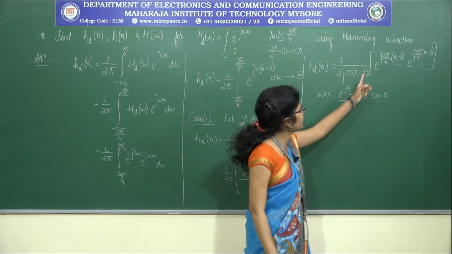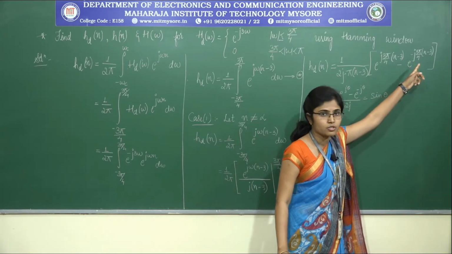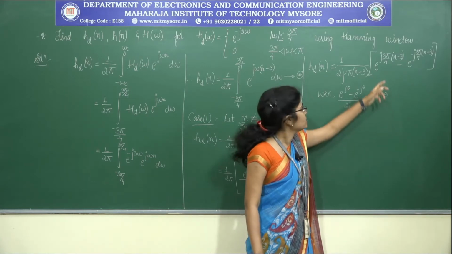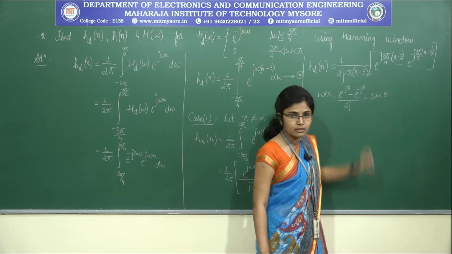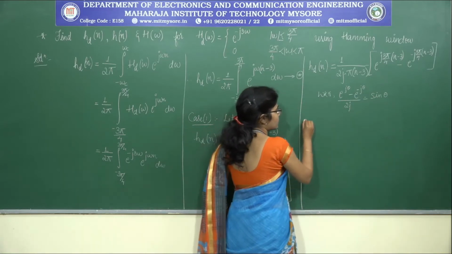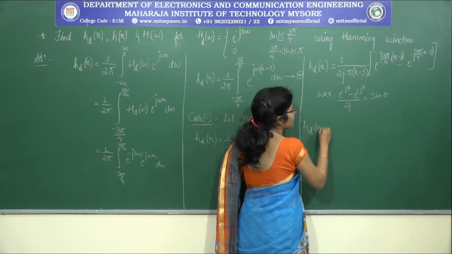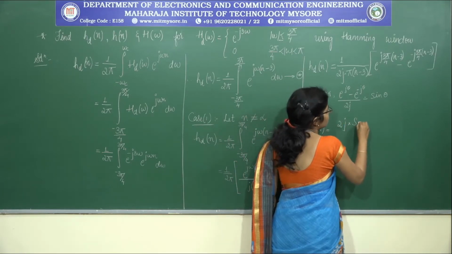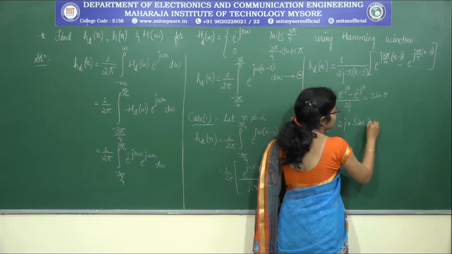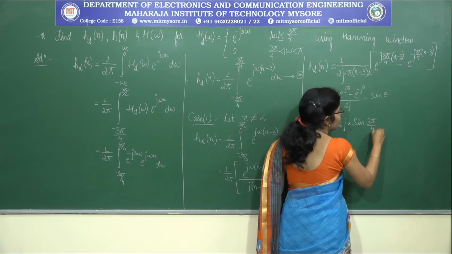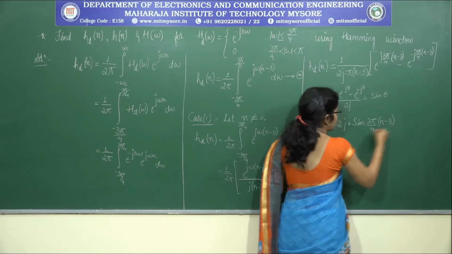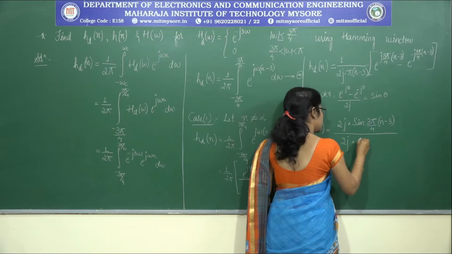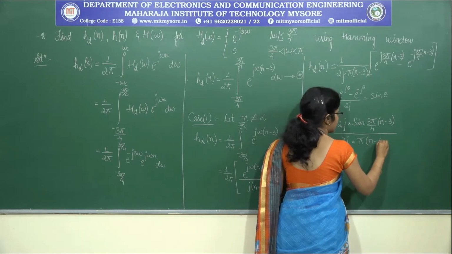So we have only e power j theta minus e power minus j theta. So what happens to RHS? It becomes 2j sin theta. So if I rewrite this equation in the standard format, we can rewrite the equation as hd of n, which is equal to 2j into sin theta here, 3 pi by 4 into n minus 3, whole divided by 2j into pi n minus 3.